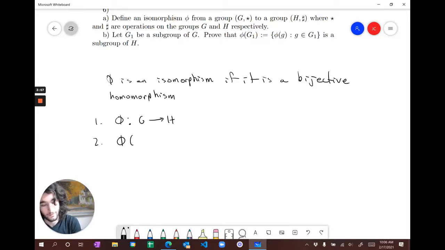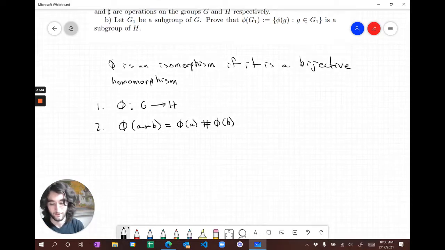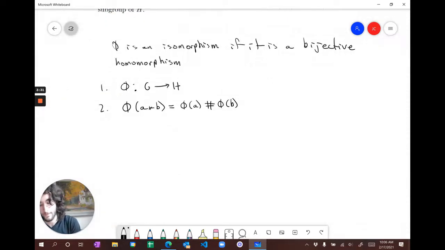So doing a multiplication over here in G with the star operation, and then applying phi to get you over into H, that's the same as doing phi to both of them first, and then multiplying them together in H with H's operation. So that's what it means to be a homomorphism.